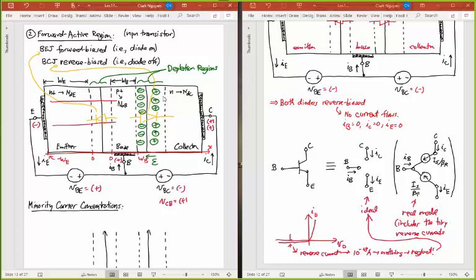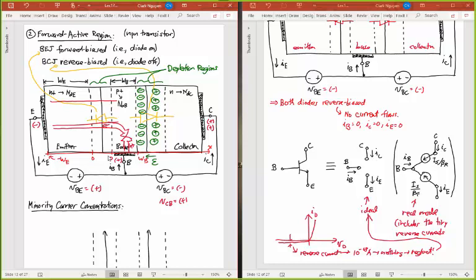So I can draw a small component of this current. Electron current comes in here and gets annihilated by holes. So this is electron current I'm trying to draw here. But from the bottom side, from this electrode contact from the base, these electrons will combine with holes coming the other direction.